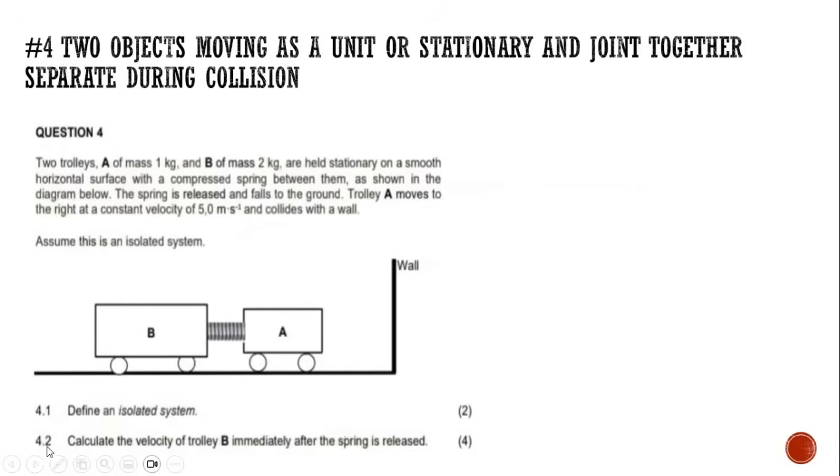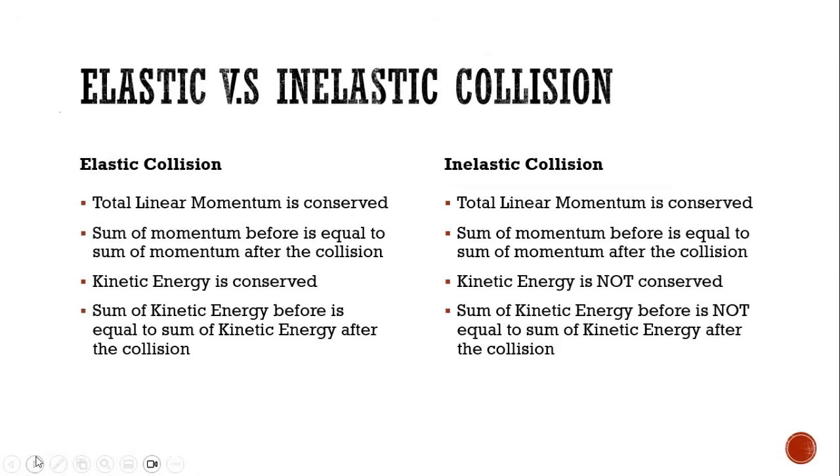Okay, now let's move to another section of the lesson. Now we are given the difference between the elastic and the inelastic collision. With the elastic collision, this is what we must know: the total linear momentum is conserved, which is also the same with an inelastic collision. These are the two similarities.